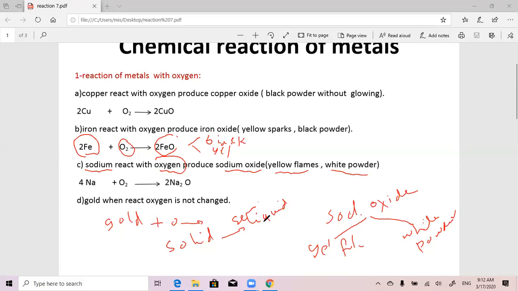But when cold, it returns back to solid again. So there's no change in gold. If I give you a question: gold reacts with oxygen and does not change, true or false? True.